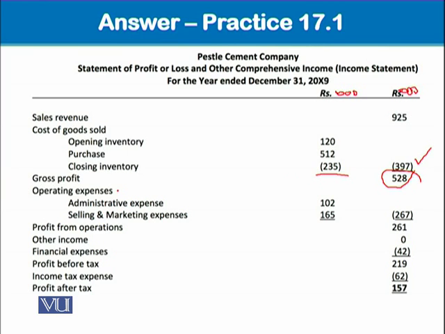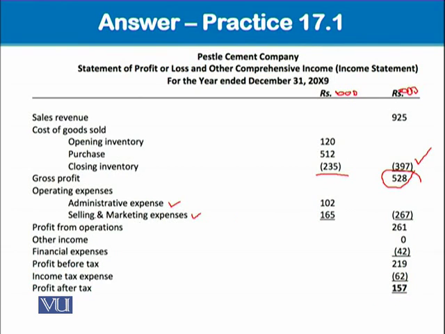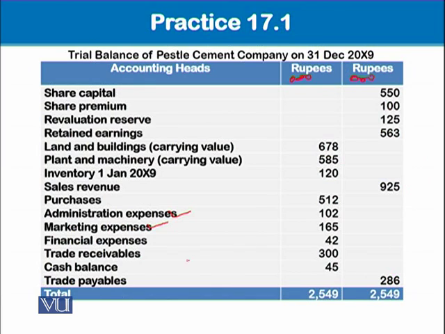Then come operating expenses, administrative expense and selling expense. We are taking these from the trial balance: administrative, marketing and selling expense. And then comes the profit from operations figure. Other income is 0 over here. Financial expenses of 42,000 we took from here.